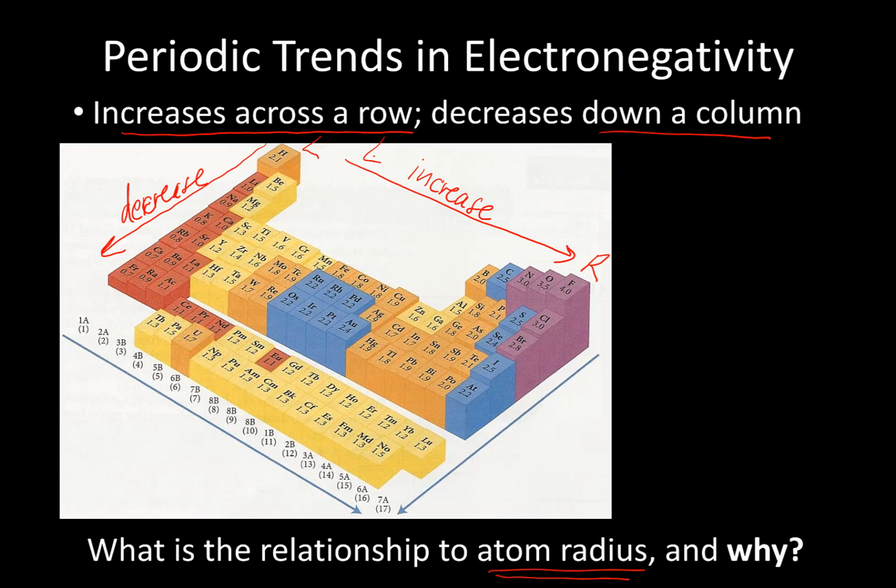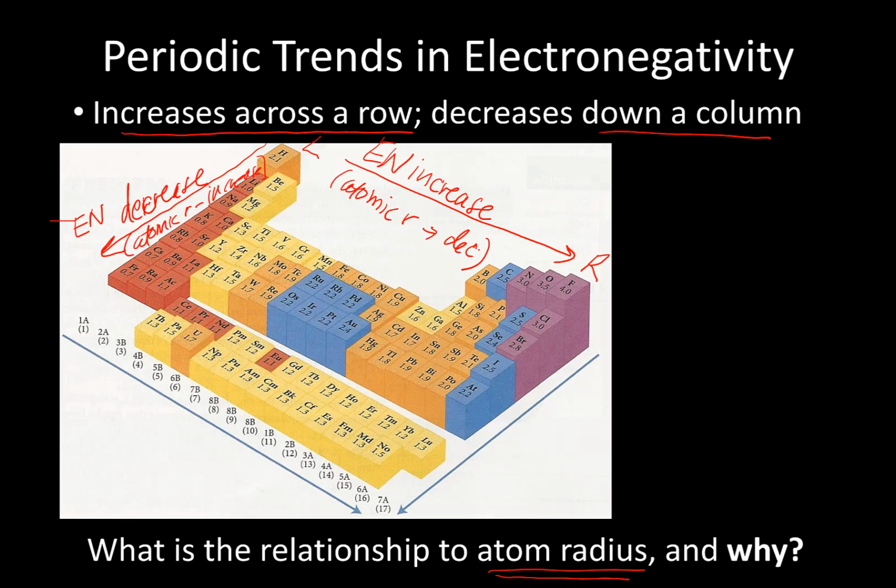When you go from left to right in the periodic table, remember that the atomic radius decreases, and when you go down a column, the atomic radius increases. These two things are inversely related to each other, but there's a reason for that.